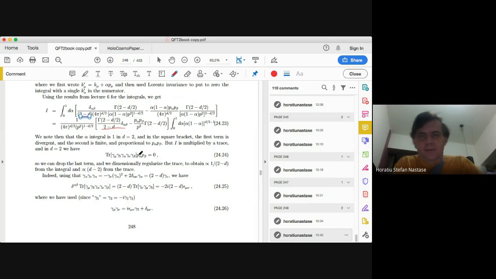Anyway, I don't remember in which lecture we did these traces, but we did them, and in 2 dimensions, this trace symmetrized over alpha beta gives 0.